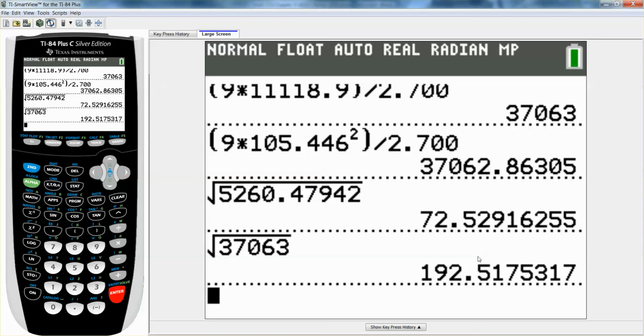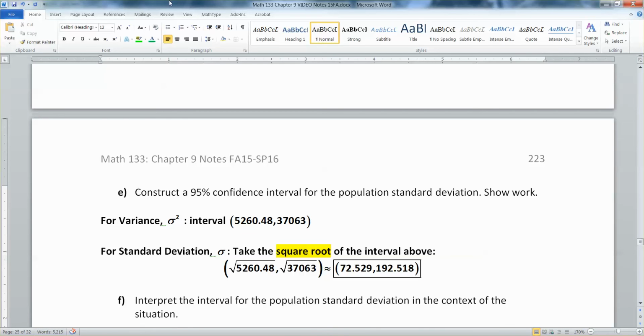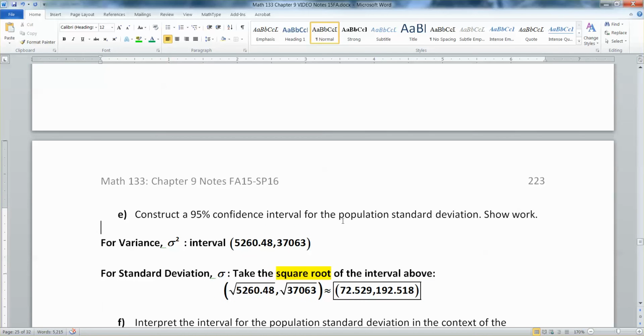There we have it, the two numbers. So that's all you do. It's simple as that. Now, if they had asked you from the start to do that, you still would have done the exact same steps. The way I do it when they ask me to find standard deviation is I find the one for variance first because it's easier. Variance is actually simpler than standard deviation. And then I just take the square root of my answer and I'm done.